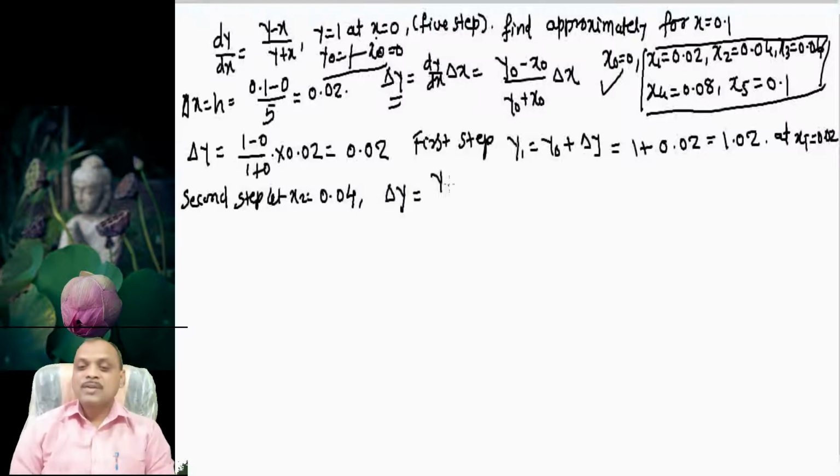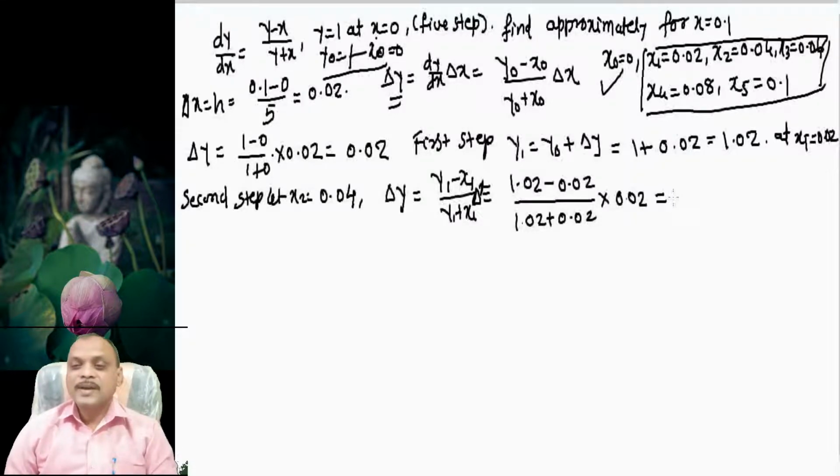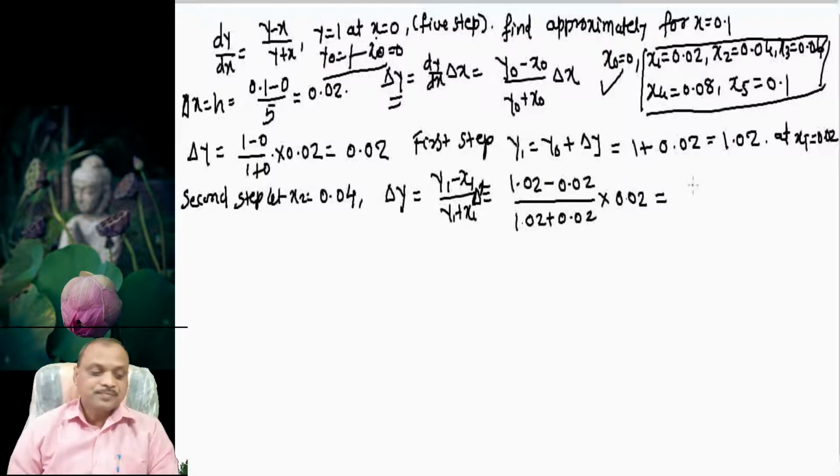Delta y equals (y1 - x1)/(y1 + x1) into delta x. y1 is 1.02, x1 is 0.02, so (1.02 - 0.02)/(1.02 + 0.02) into delta x, where delta x is 0.02. The numerator is 1, so 1/1.04 into 0.02, and we get 0.0192.